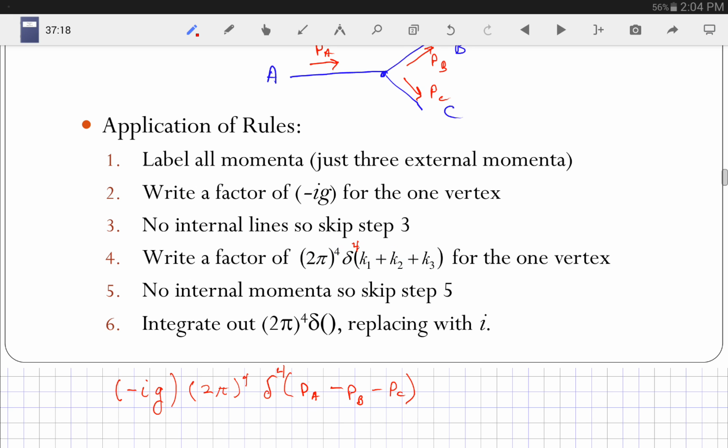Okay, so I write that down for my one vertex. I've got my signs there. There are no internal momenta, so I don't need to put in any factors for those and integrate them out.